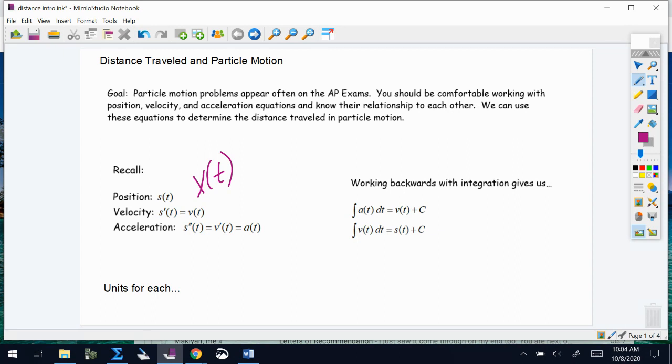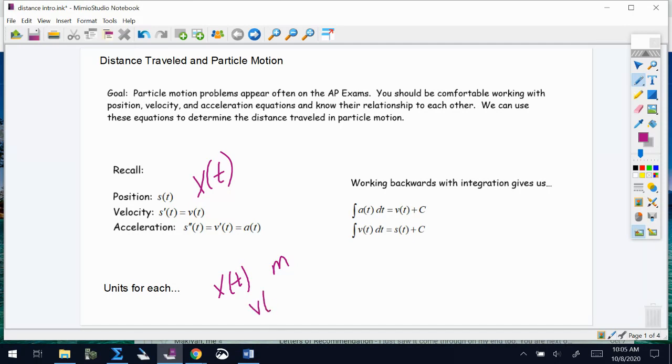When we talk about units, the AP is not big on unit conversion, anything like that. But keep in mind that your position, your x of t, is just a location, like a certain meter mark. So your position could be at the 3-meter mark or the 3-mile mark.